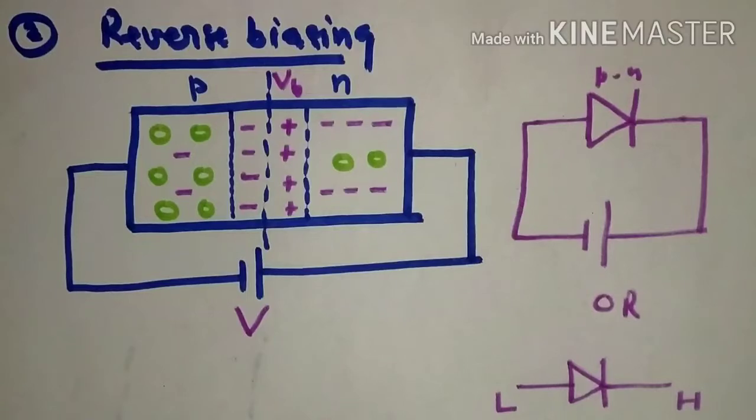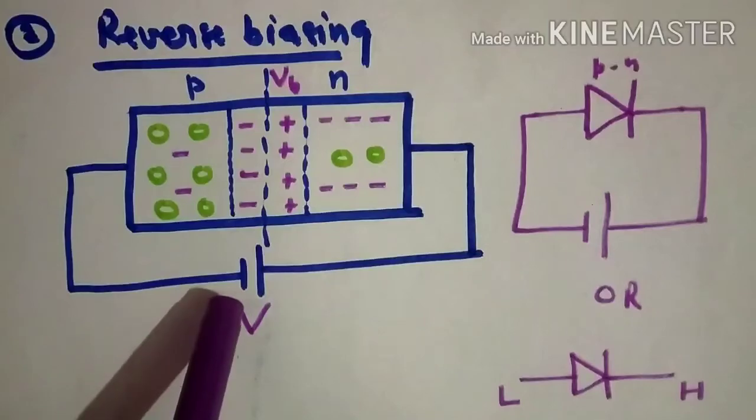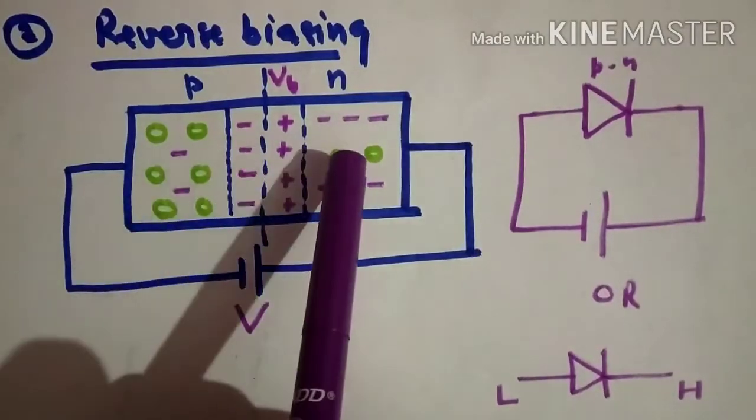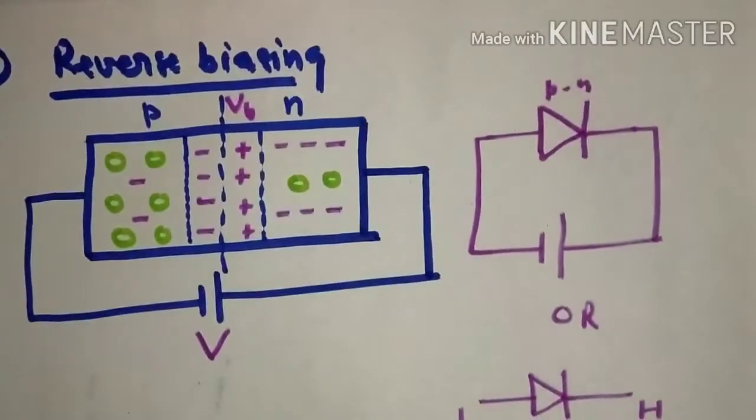What is reverse biasing and how is a diode reverse biased? Let's see this first. When the P region of the diode is connected with the negative terminal of the battery and the N region of the diode is connected with the positive terminal of the battery.